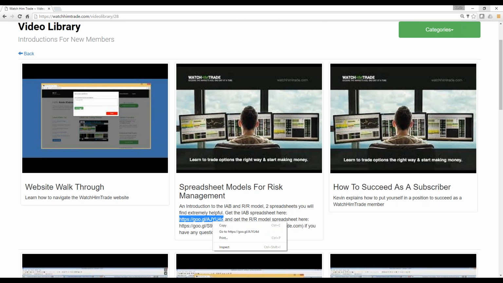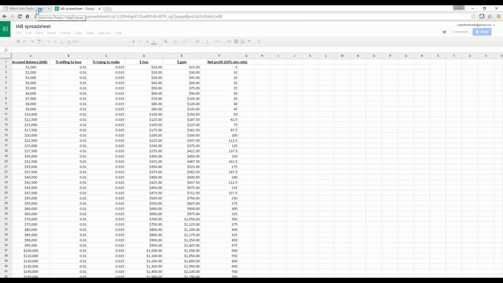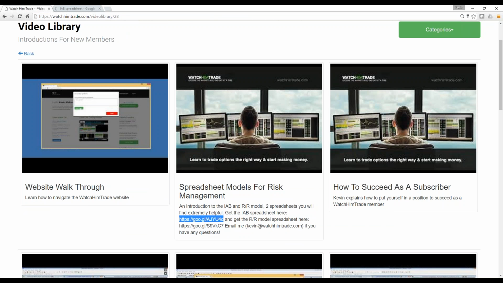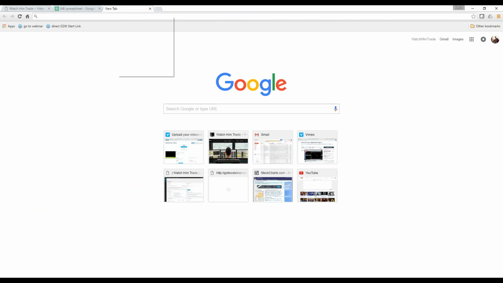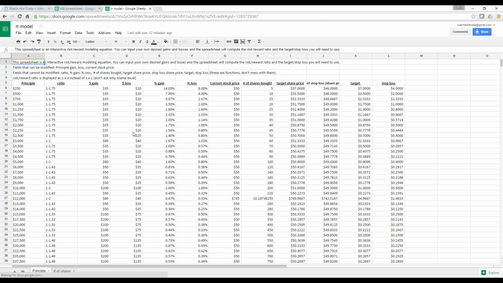So the first one, the IAB spreadsheet's right here, so you can just go to it, copy and paste it, it'll show up online, and the risk and reward model spreadsheet is right here. Copy and paste it into your browser and that'll show up. And what's nice about this is you can edit the spreadsheet for yourself directly from these links.